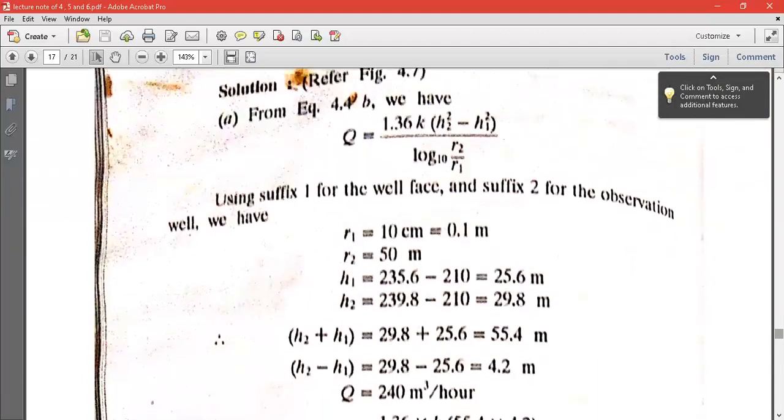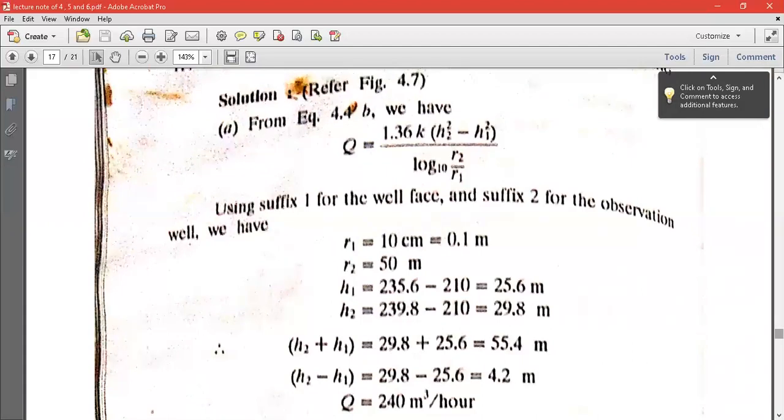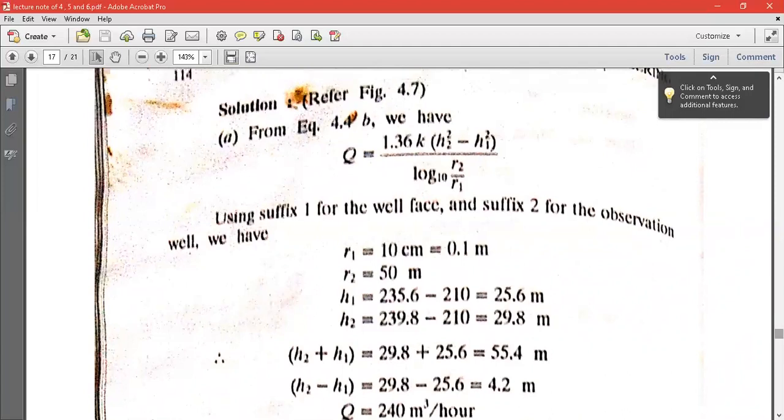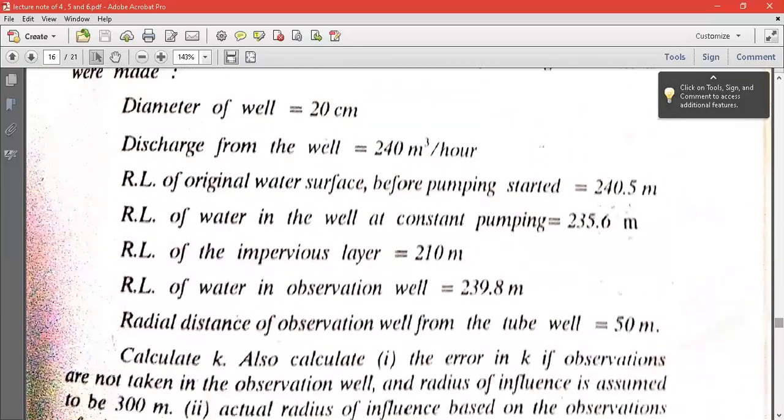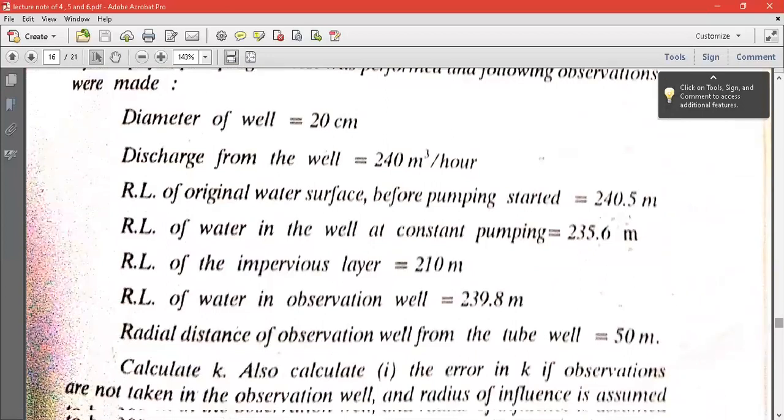Again, using Dupuit's formula, we know for the unconfined aquifer Q equals 1.36 K into (H2 square minus H1 square) by log 10 (R2 by R1). R1 is given in the question as 10 centimeter. R1 is nothing but the radius of the well, because the well is 20 centimeter in diameter.